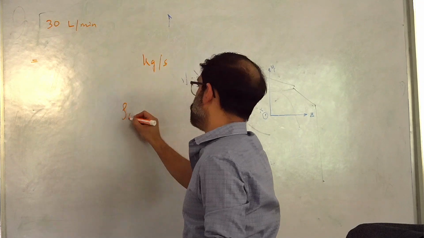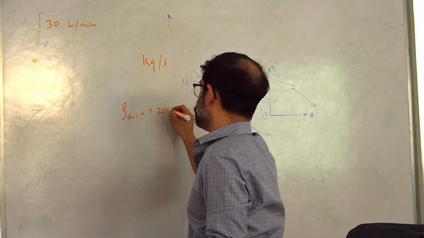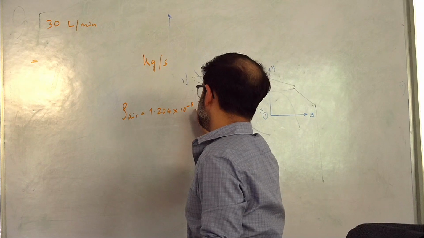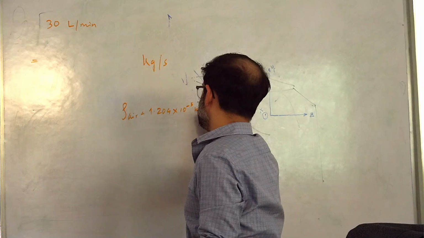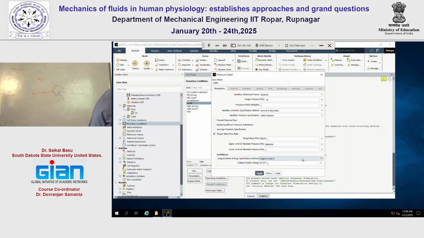So the rho of air is 1.204 times 10 to the power of minus 5 kg per second, right? That's what we picked, right? For the density of air, let me just quickly check.